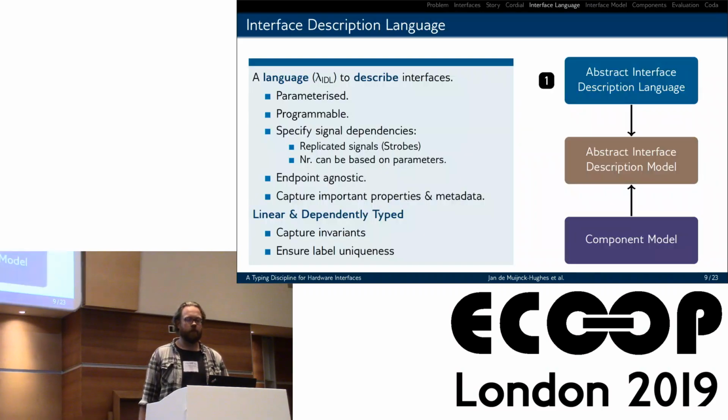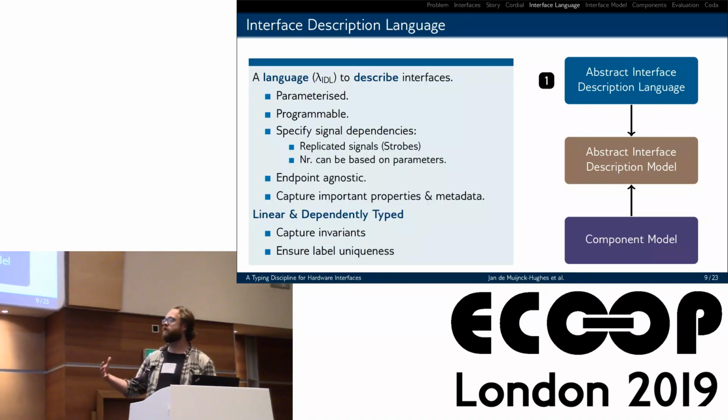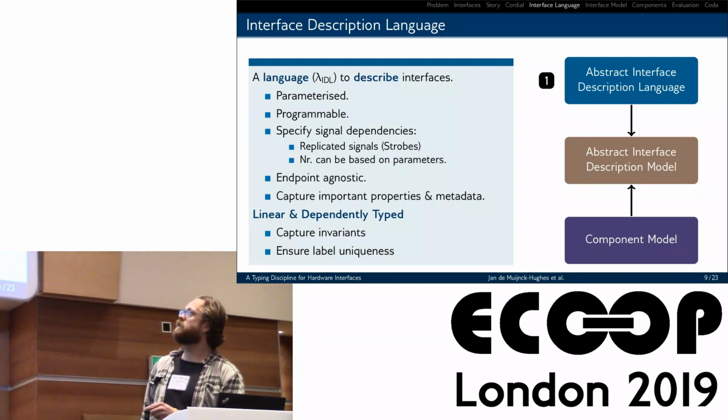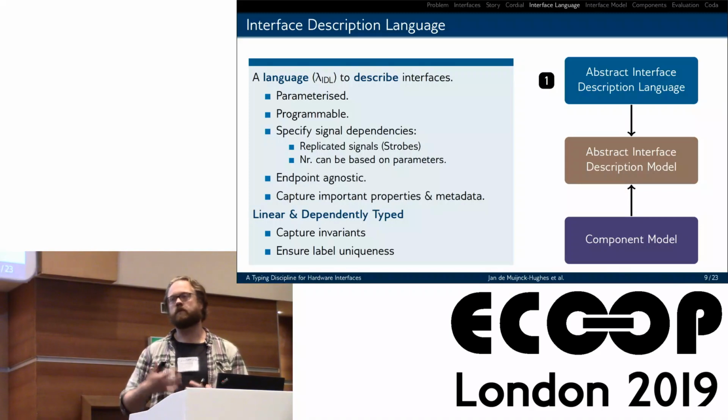Okay. So we'll start off with the description language itself. I've extended the simply typed lambda calculus to describe this interface. This allows us to make things more parameterizable, so we can specify more formally that this specification is parameterized by some function. It makes things more programmable if we've embedded a simple set of mathematical operators to reason about parameters.